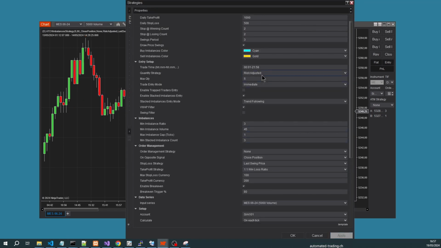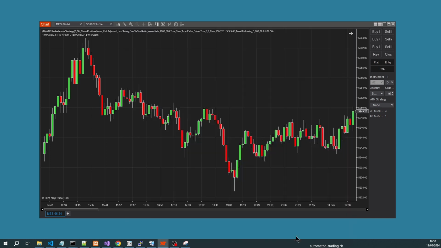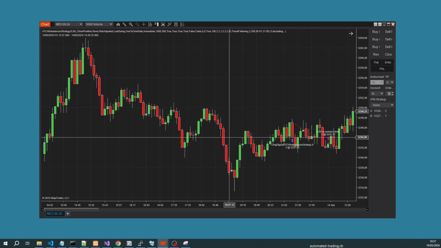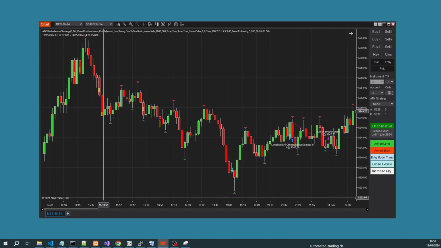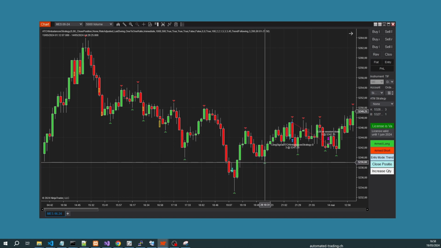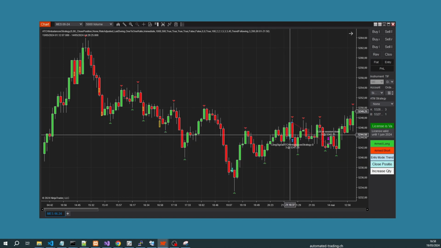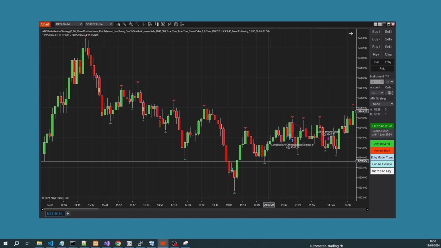I will deactivate the VWAP filter and activate the swing filter, and leave all the other parameters as they are. The swing filter will analyze the positions of the two successive swings. I chose a fixed number of 2 swings. For example, here we have an entry, a buy stacked imbalance, and we have 2 successive increasing swings.